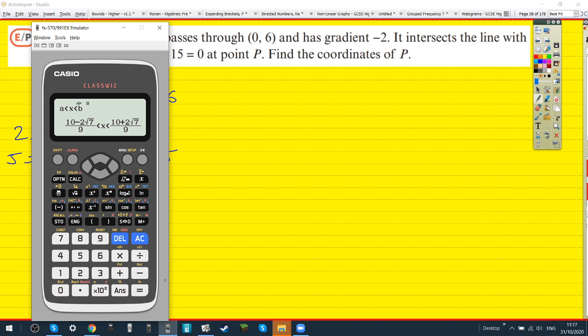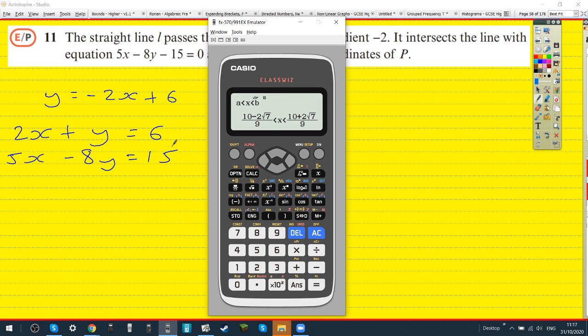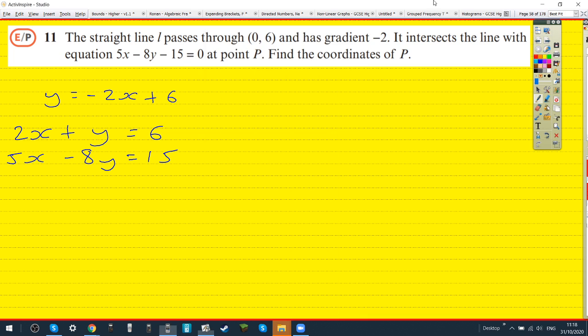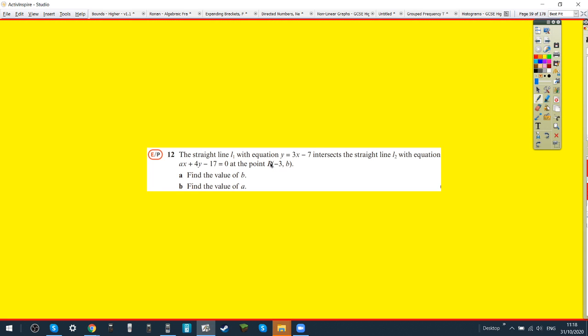That's the way the calculator can deal with simultaneous equations, but they have to be linear. Simultaneous equations, two unknowns: 2, 1, 6, 5, minus 8 and 15. And we get x is 3 and y is 0. So we know we're correct. But that only works for two linear things. But hey, they are linear.